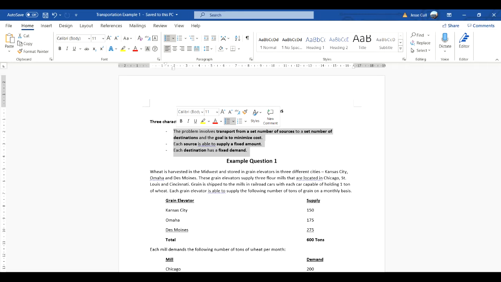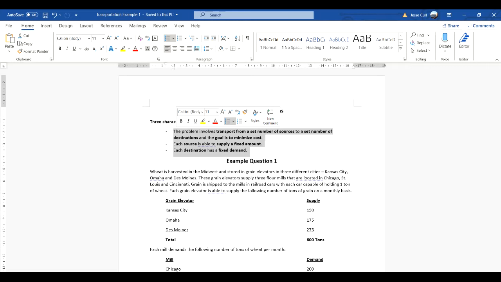These three ideas must be present for us to use a standard transportation problem solution. So hopefully we're aware that that is reality and all three must be available. So let's go now into example question one.